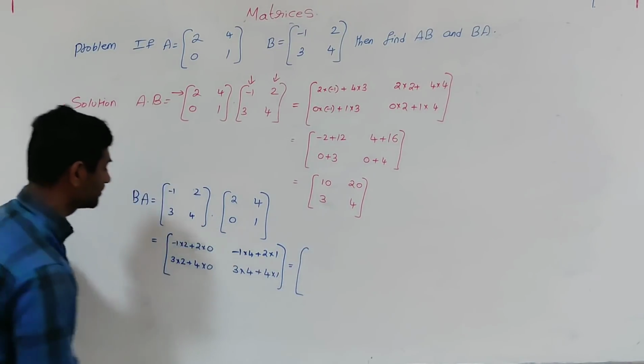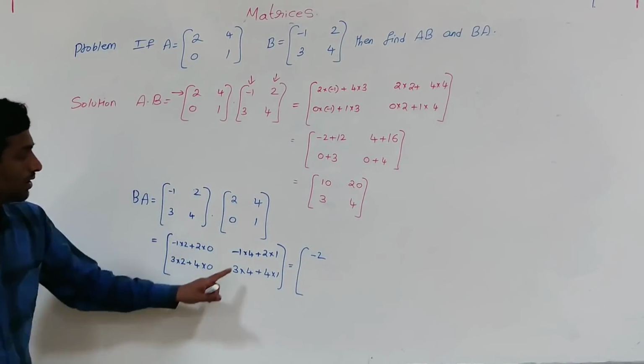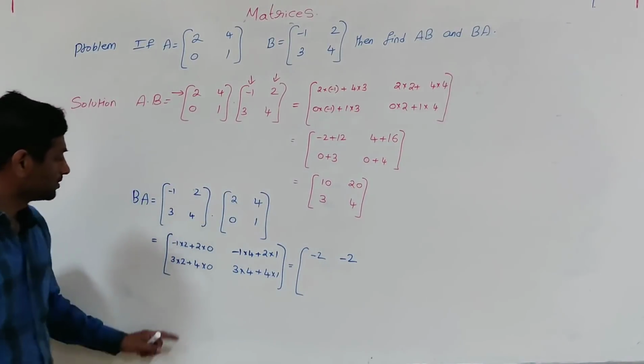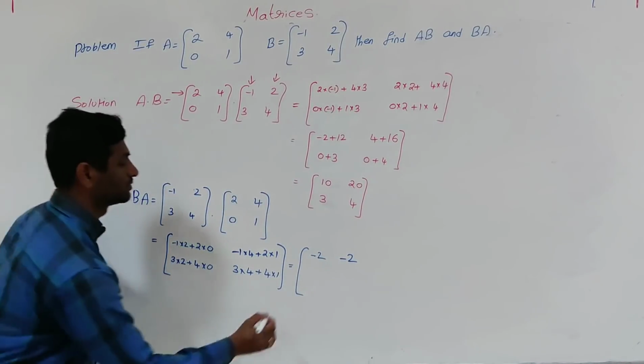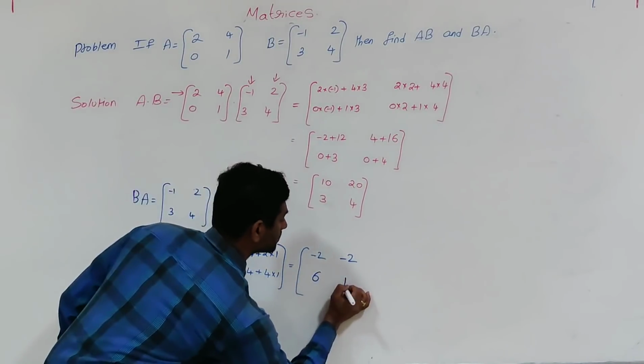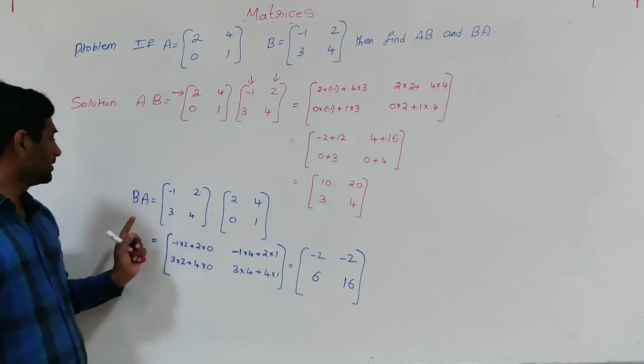What does it give? -2 plus 0, -2. -4 plus 2, -2. 6 plus 0, 6. 12 plus 4, 16. So these are the matrices AB and BA.